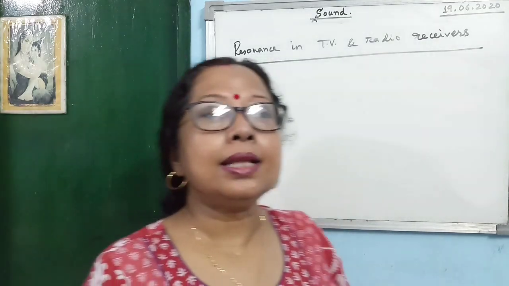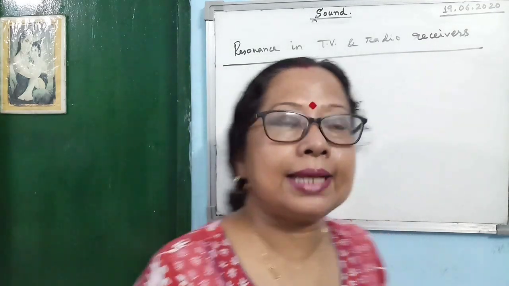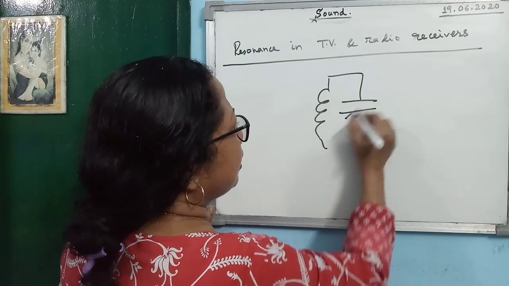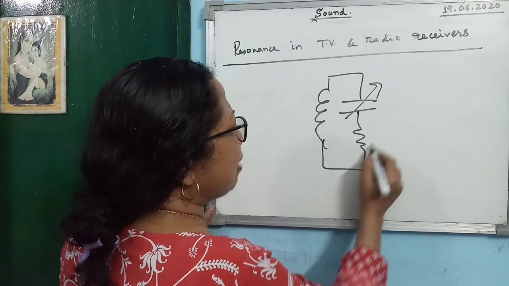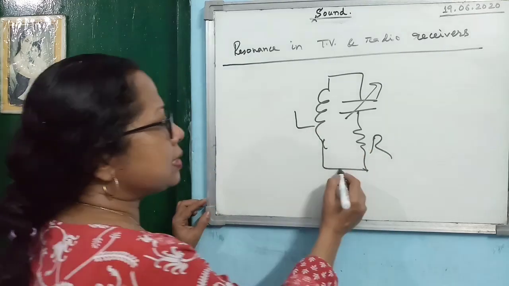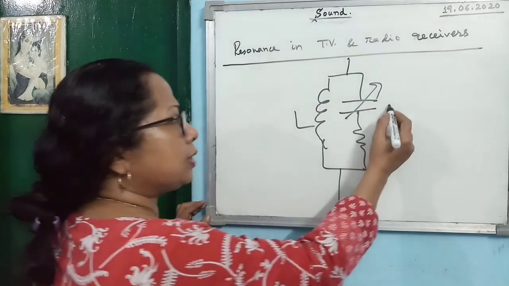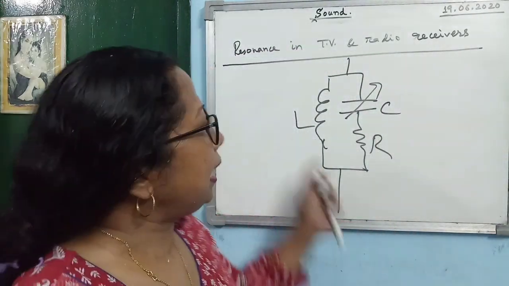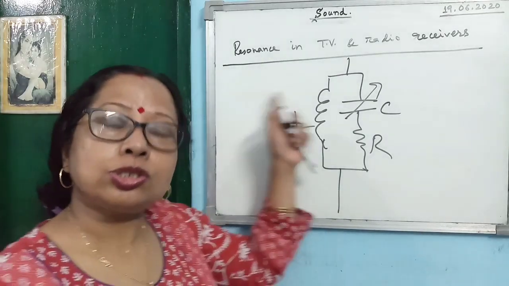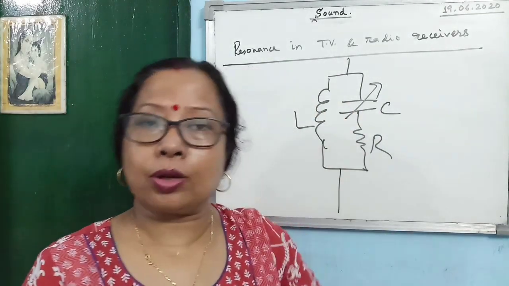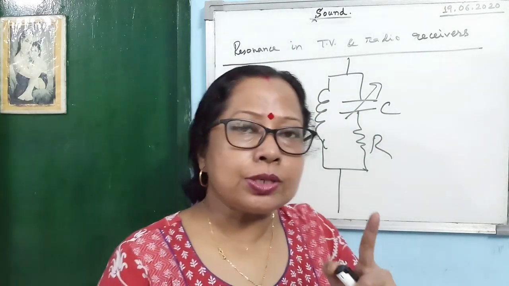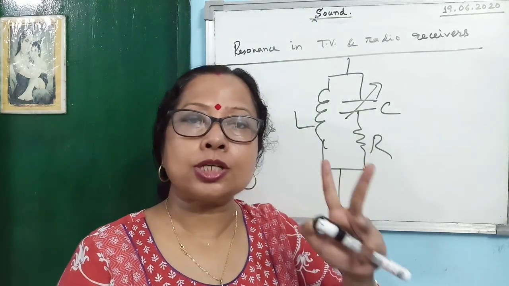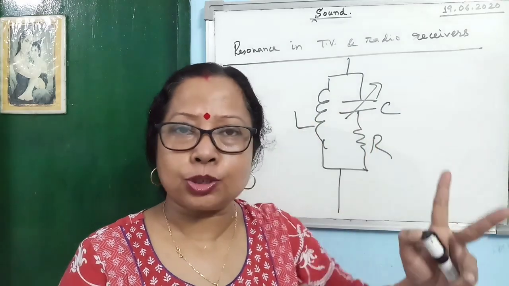Now, within the TV and radio receiver, there is an LCR circuit. The physics in detail you will learn in the higher classes, I am just telling a little bit. There is an LCR circuit which is known as the tuning circuit. This tuning circuit also has a certain frequency. You know that whenever resonance takes place, two frequencies should match with each other.